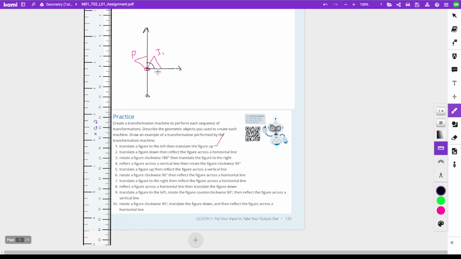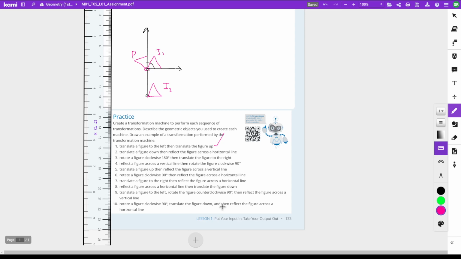Okay, so we have our line segment, and now we want to translate our image one down. A translation is pretty much just a slide. So this is what it's going to look like after we do that translation downwards. And we can call that I2.